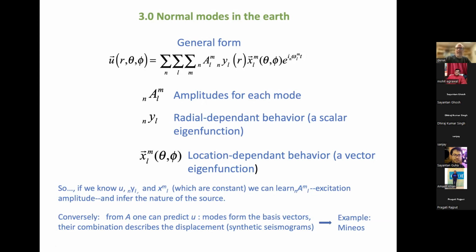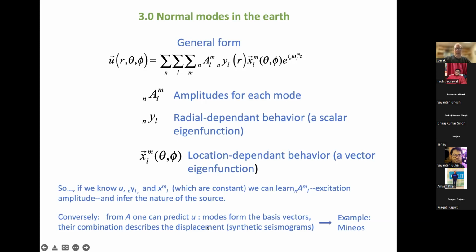That allows us to infer something about the nature of the earthquake that produced the deformation U. Conversely, if I give A, so I prescribe an earthquake, then I can predict U, and I can actually calculate a synthetic seismogram for any location on the Earth.